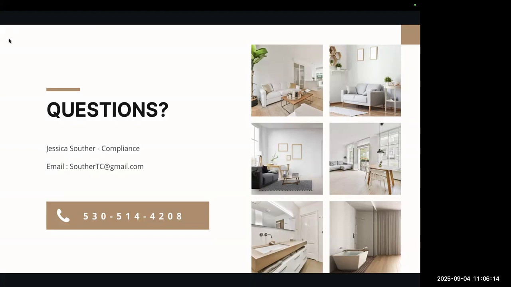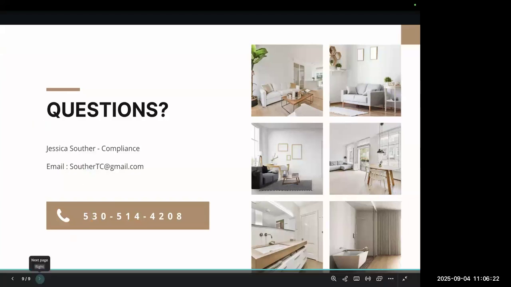Regarding the appraisal gap, it made me think that if you have multiple offers and an appraisal comes in below and the buyer backs out, is the next offer that you go to bound to that appraisal, or do they have to get their own appraisal and it's like starting from scratch?